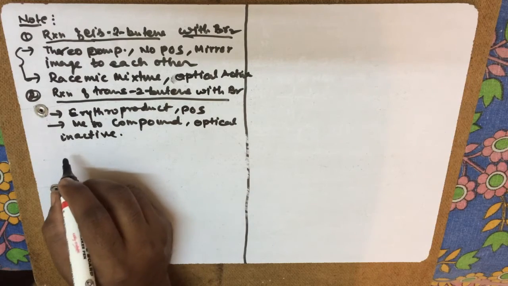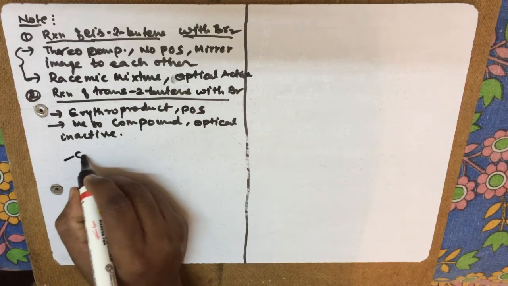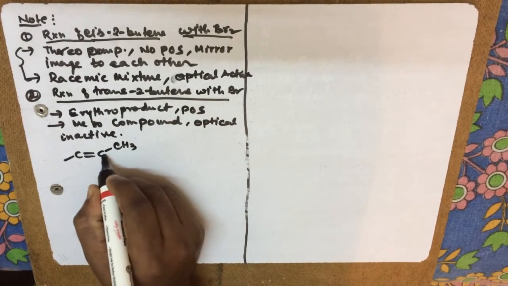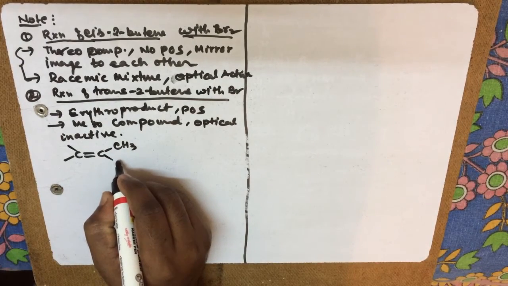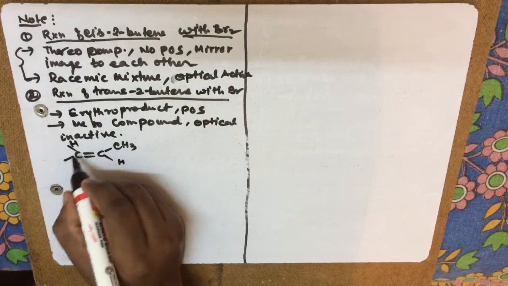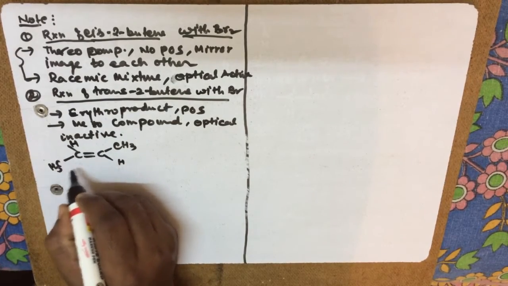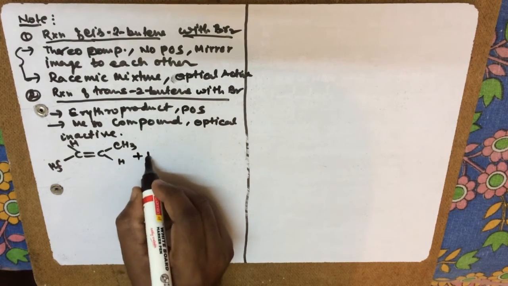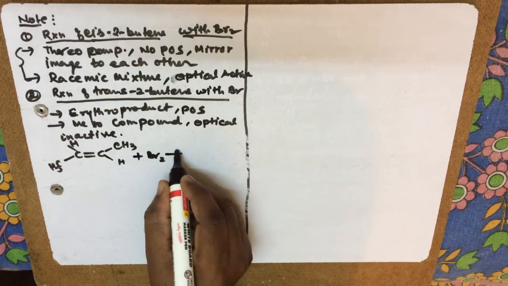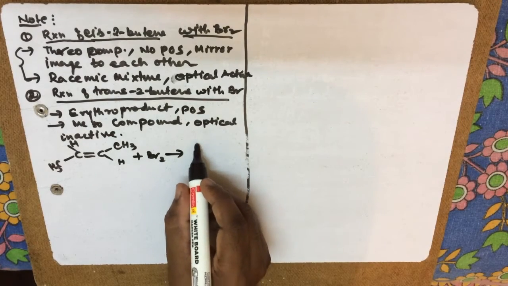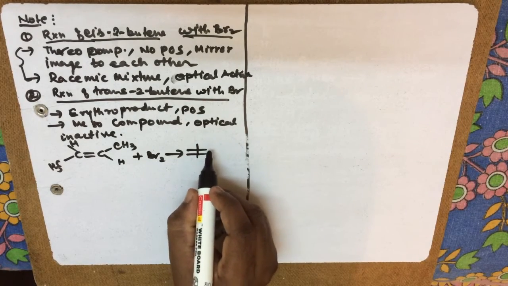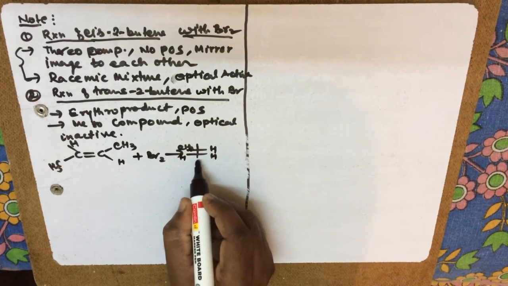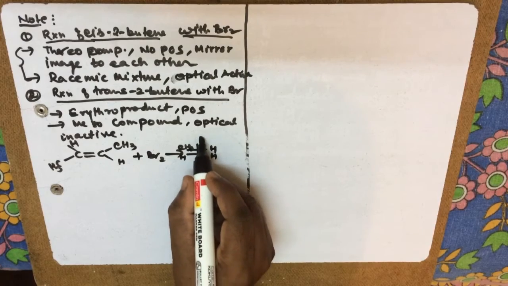So like this, if you have this trans-ethylene react with this bromine, so you will get a product like this, with H, H and bromine.